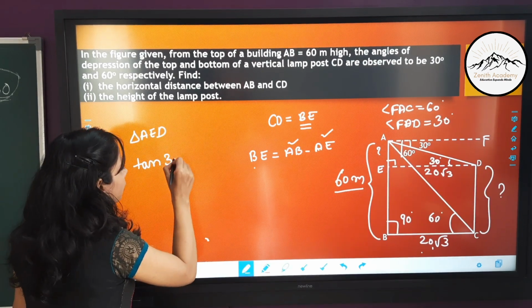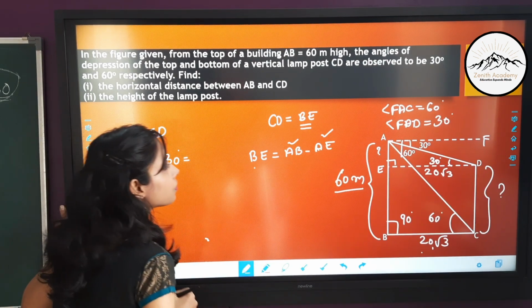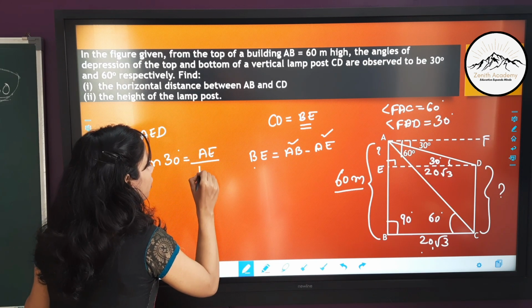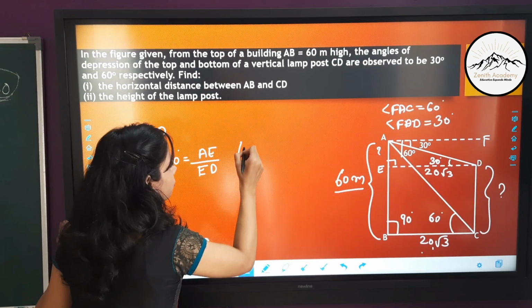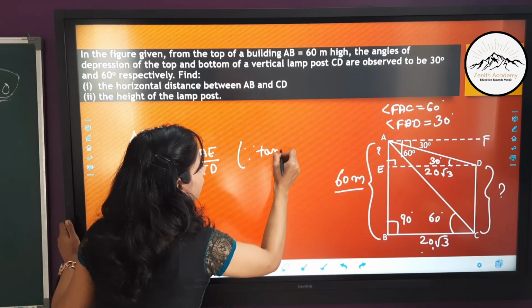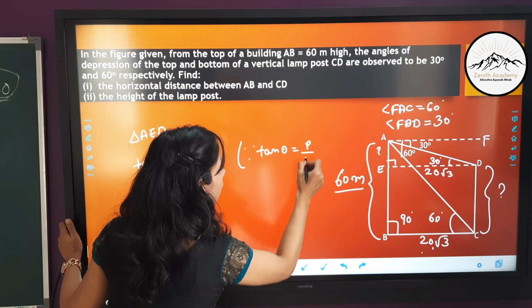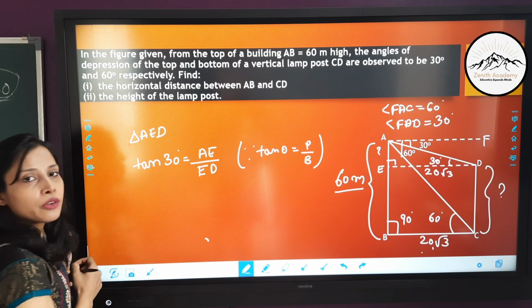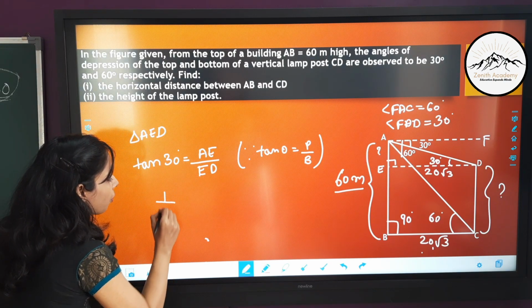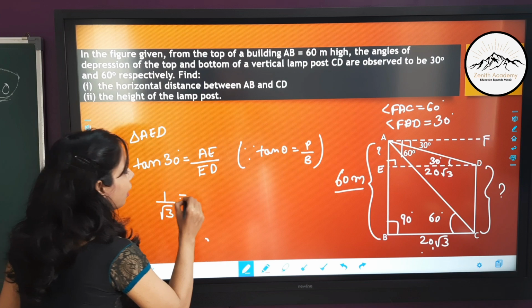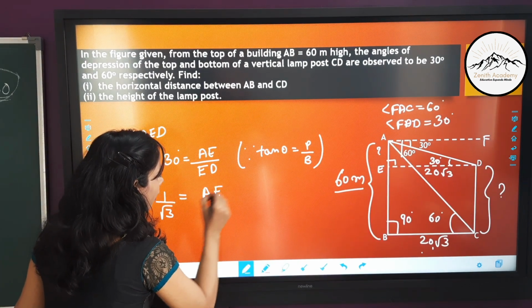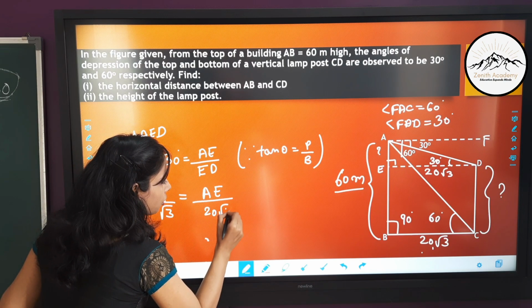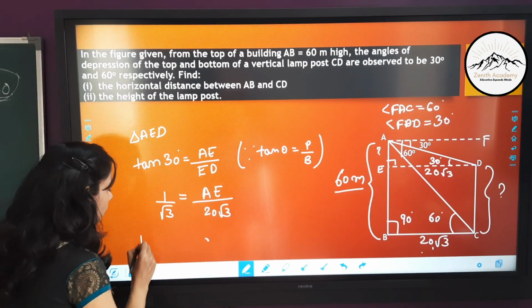So tan 30 degrees is equal to AE upon ED, because we know tan theta is equal to perpendicular upon base. So now what is the value of tan 30 degrees? 1 by root 3, and AE we need to find. ED from the figure we have equal to 20 root 3. So now just cross multiply.